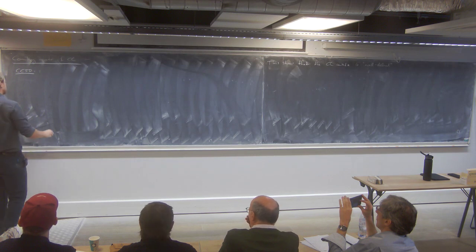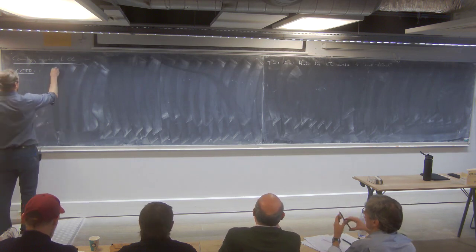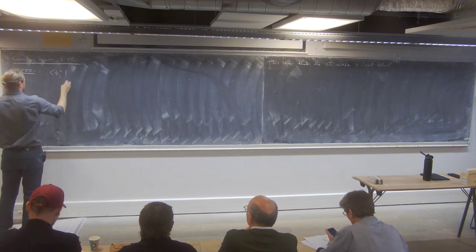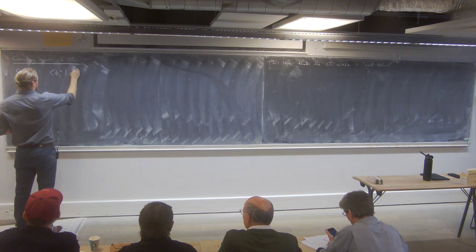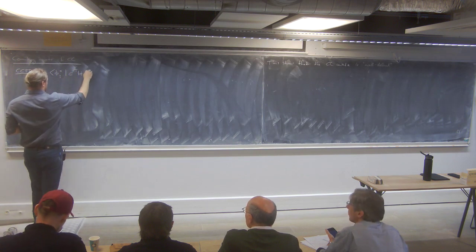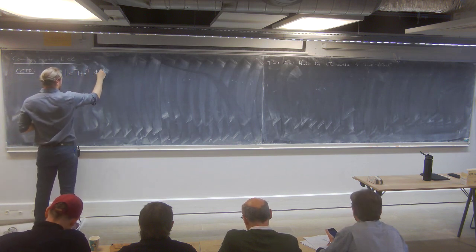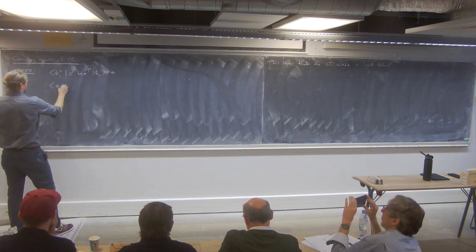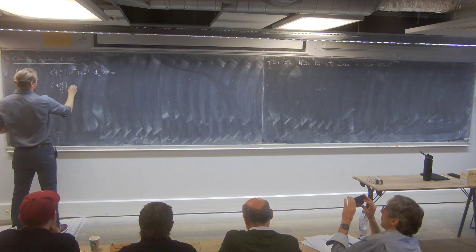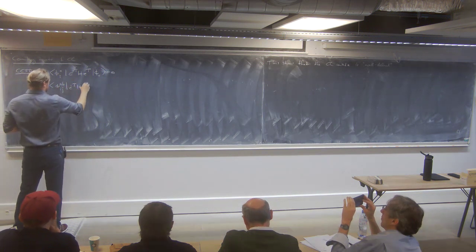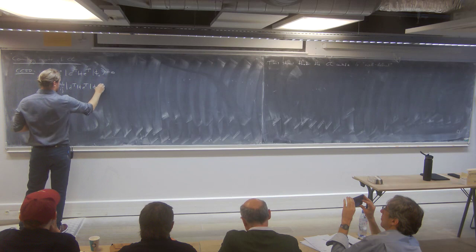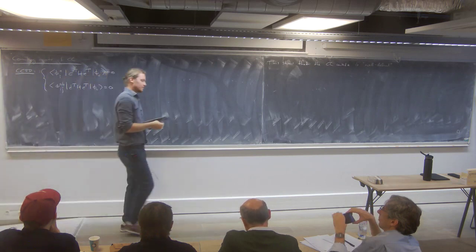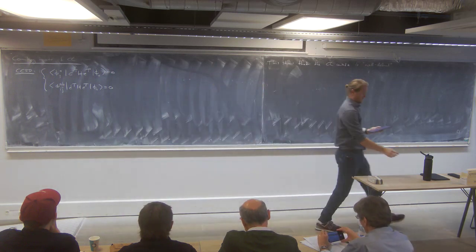So what are the CCSD equations? There's basically two different kinds. So we have a single excitation equation, which we want to be 0. And we have a double excitation equation. Okay, so we want to find zeros to these sets of equations.